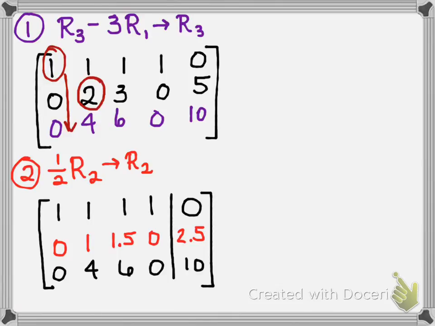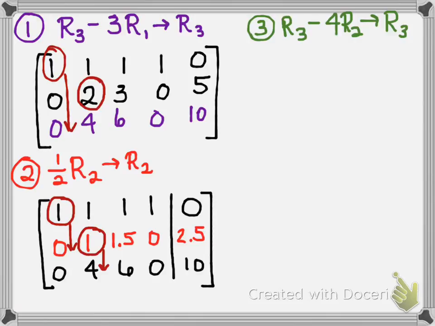I want to keep on my journey of putting this matrix in row echelon form. So I have a leading one in row 1, all zeros below it. I have a leading one in row 2, and I want to make all zeros below it. So I'm going to take row 3 now and make a 0 in that second entry. And I do that by replacing row 3 with row 3 minus 4 row 2.